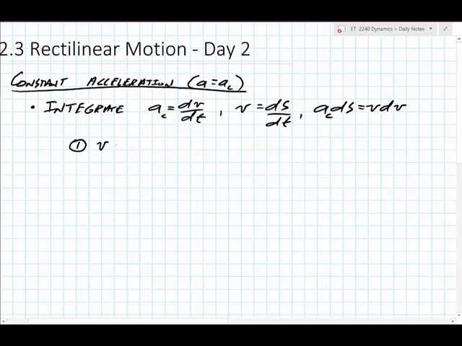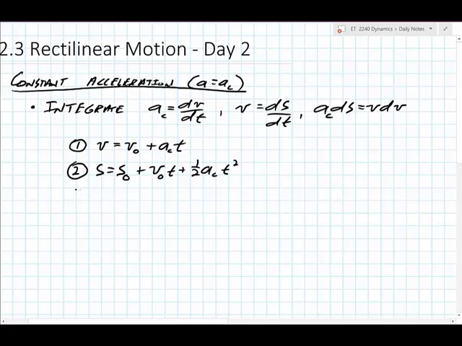One is our final velocity is equal to our initial velocity plus our acceleration times time. Our second equation from deriving that, the second velocity equation, would say that our final position is equal to our initial position plus our initial velocity times time plus 1/2 our acceleration times time squared.